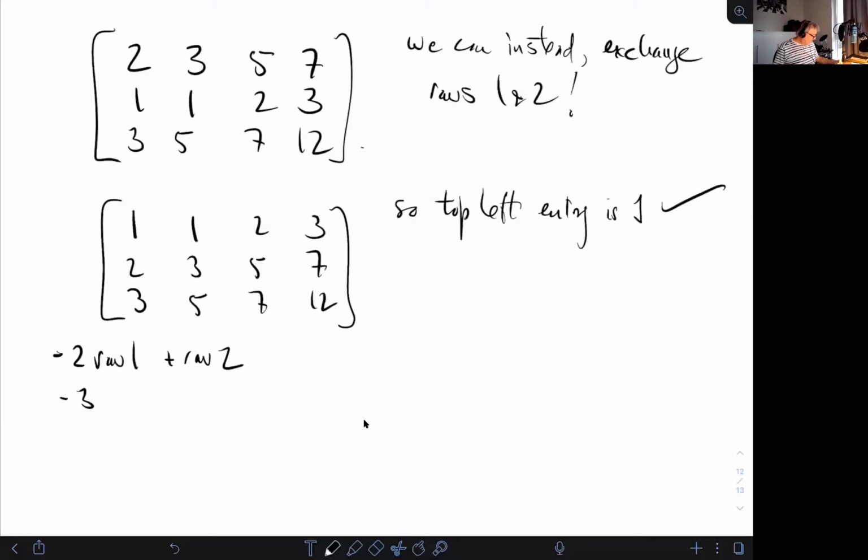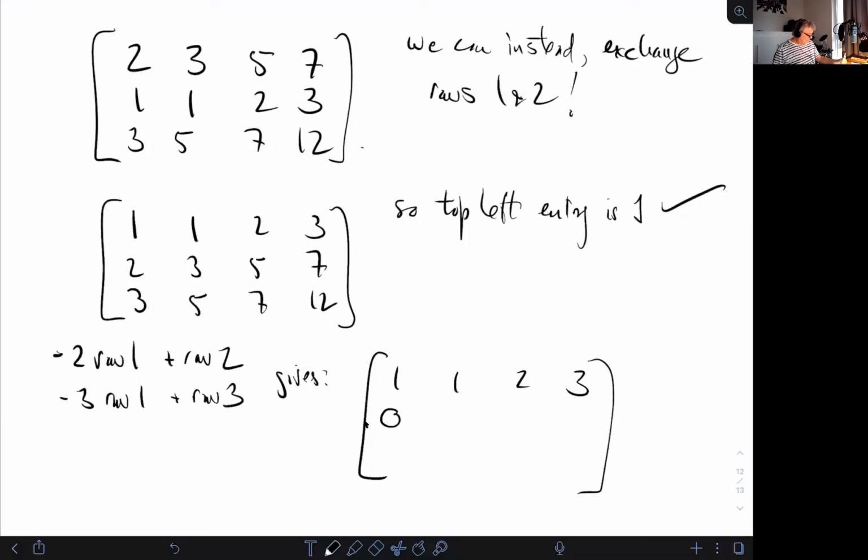And -3 row 1 added to row 3. So the first row doesn't change: 1, 1, 2, 3. Then -2 plus 2 is 0, -2 plus 3 is 1, -4 plus 5 is 1, -6 plus 7 is 1. -3 plus 3 is 0, -3 plus 5 is 2, -6 plus 7 is 1, and -9 plus 12 is 3.